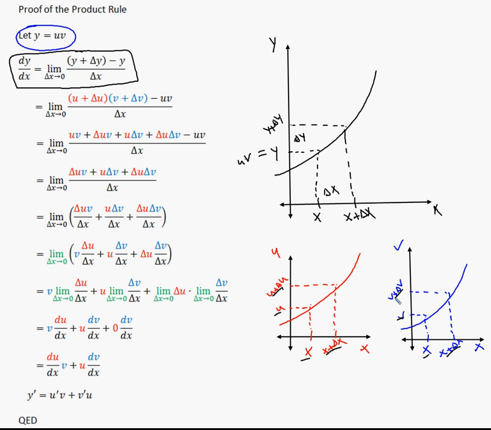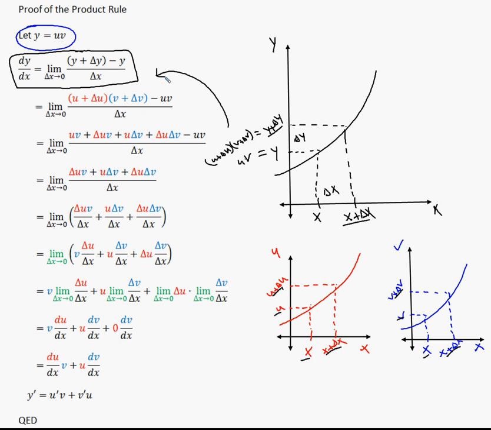And that's this. If we multiply u plus delta u times v plus delta v, then what we get is the same thing we would get if we plugged in x plus delta x to y, and we get y plus delta y. And therefore, y plus delta y is equal to u plus delta u times v plus delta v.